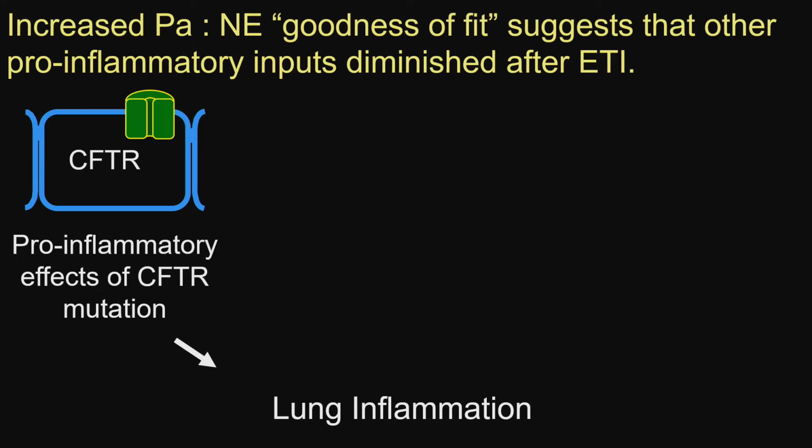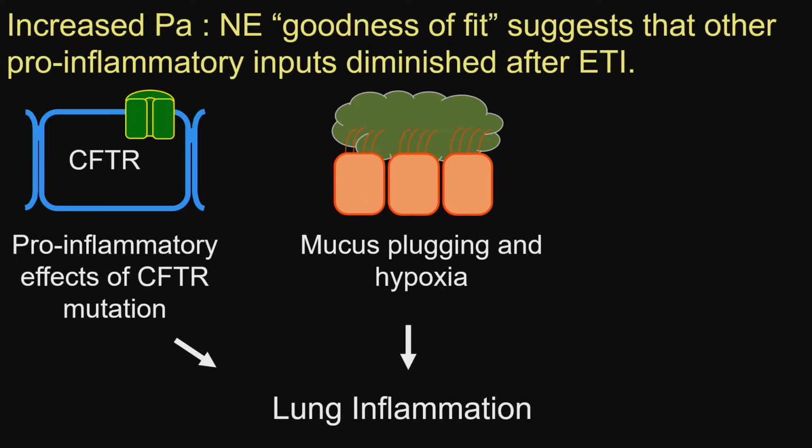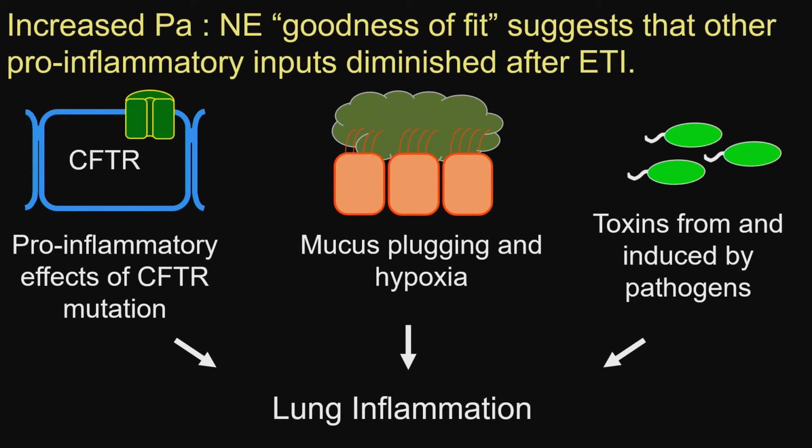When we think about inflammation in CF, there's probably multiple mechanisms that cause a lung segment to be inflamed. There's pro-inflammatory effects of the CFTR mutation itself. Mucus plugging itself, even without infection, is postulated to produce tissue hypoxia and marked inflammation. And of course, there's the effects of the bacteria producing toxins and inducing toxins from the host.